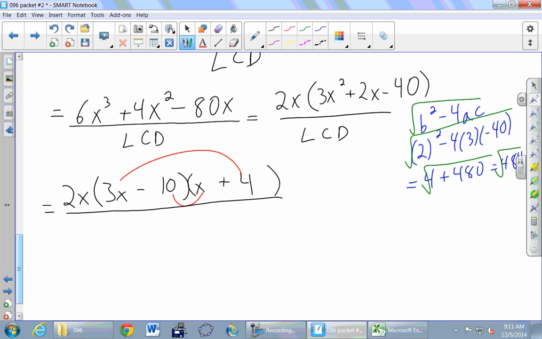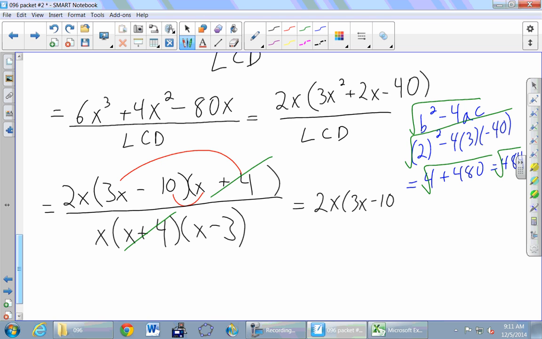And now finally, I'm going to stop writing LCD, but I'm actually going to write explicitly what it was. But it's way off the screen for me, so can somebody remind me what it was? Okay, so the very last step here is to do what? Cancel, right? If you have a common factor on the top and the bottom, you cancel. And so this guy cancels. So then our final answer, 2x(3x minus 10) over x(x minus 3).